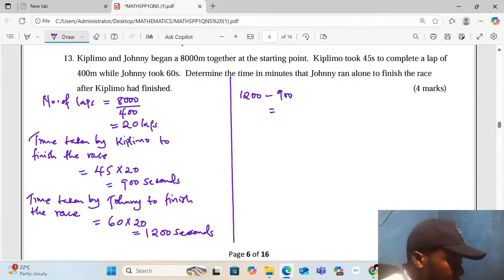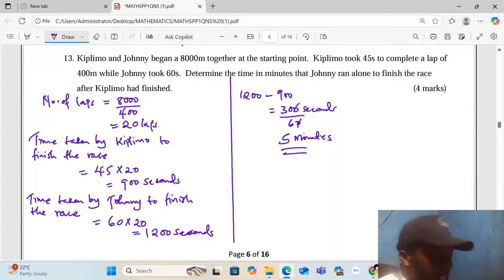That means Johnny ran 300 seconds alone. Now we divide by 60 to convert to minutes. So we shall have 5 minutes. So these are the minutes that Johnny ran alone after Kiplimo had finished the race.